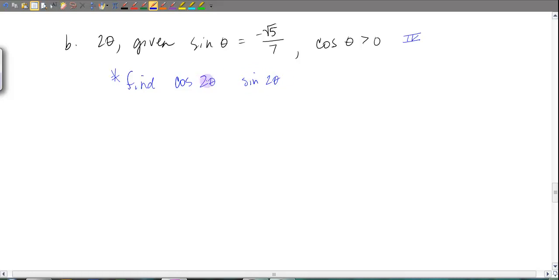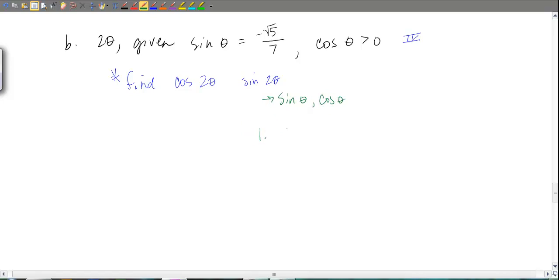The cosine of 2 theta has a bunch of different variations for me to use, but the sine of 2 theta is pretty straightforward. It's pretty strict. And when I find the sine of 2 theta, I'm going to be using not only the sine but also the cosine of theta. So in other words, my first step is going to be to find cosine theta.